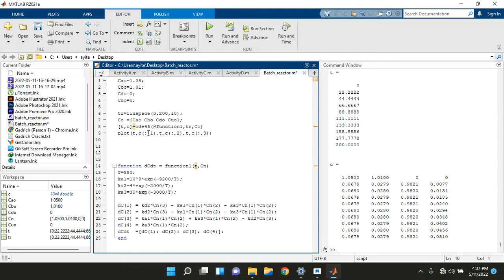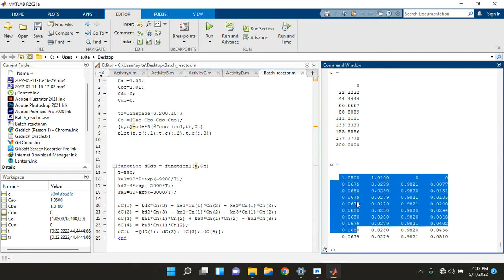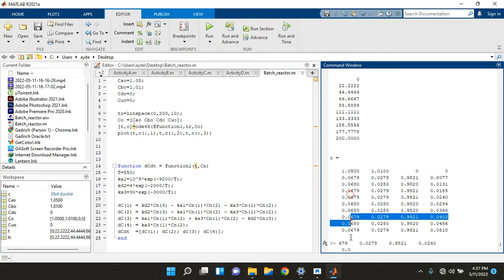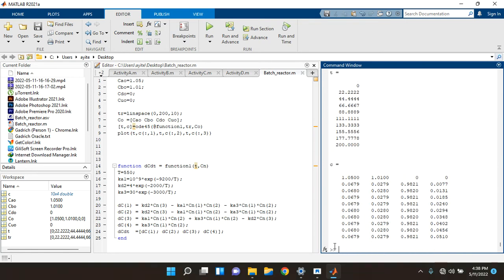This means we are taking our c values, all the values on a column. Sorry if I'm highlighting here, but all the values on this column here. So this is row, this is column.